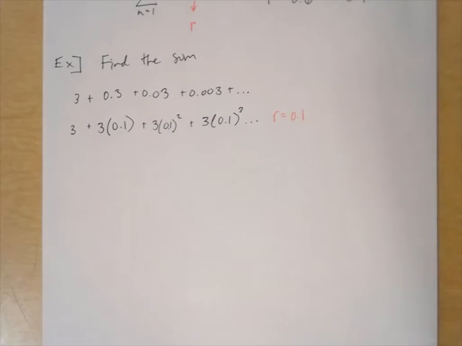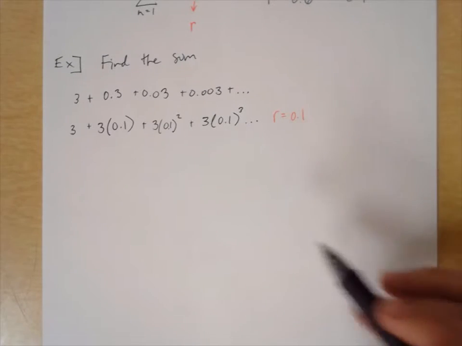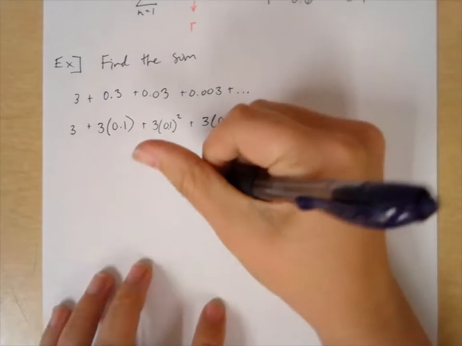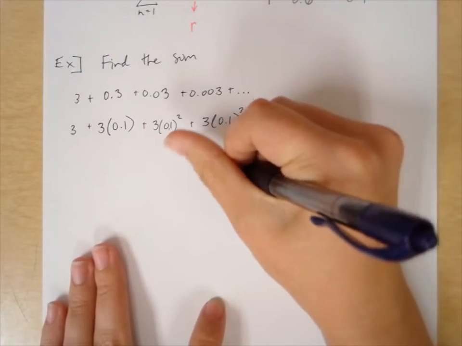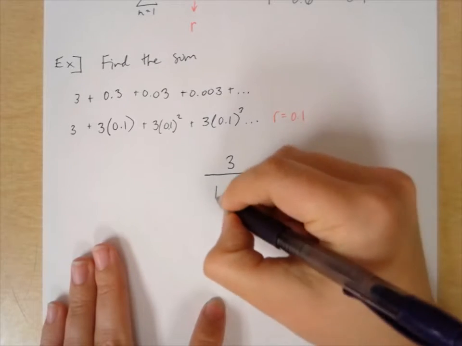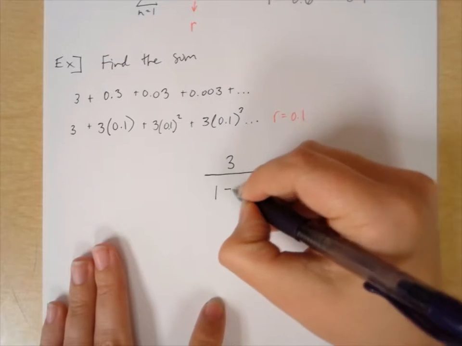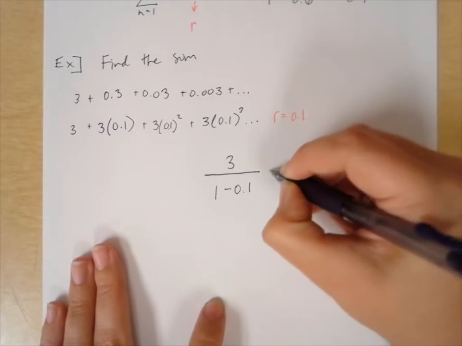And using that and using our formula, we can go ahead and set it up. We know a sub 1 goes on top, and a sub 1 in this case is 3. And on the bottom we have 1 minus our ratio, 1 minus 0.1.